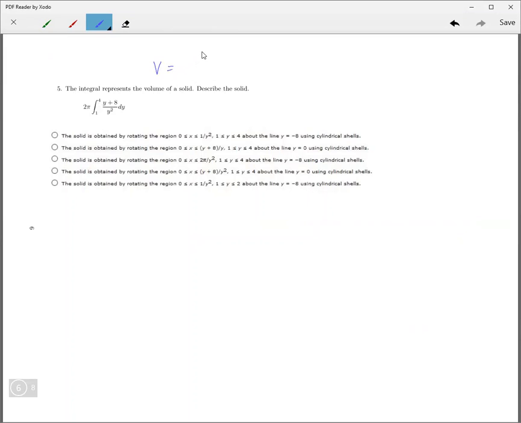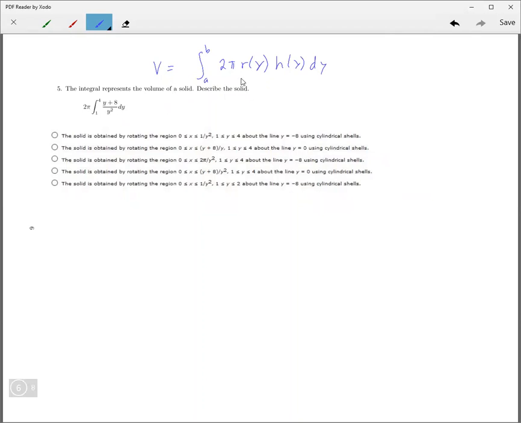So you want to try to compare with this from A to B, 2 pi r of x, no, r of y, because everything's in y's. So you want to try to compare with this and try to figure out what's the r, what's the h, and then work from there.